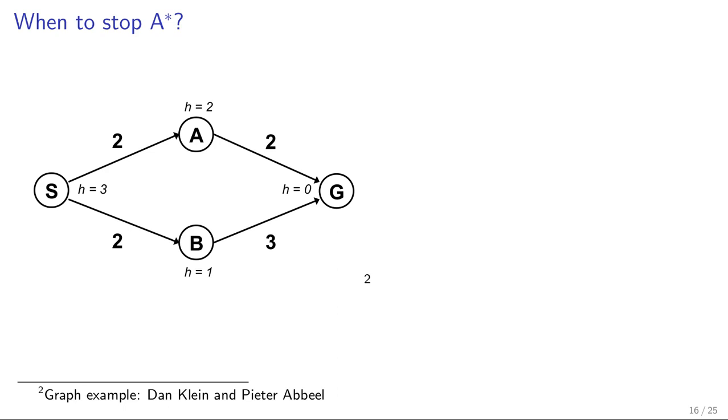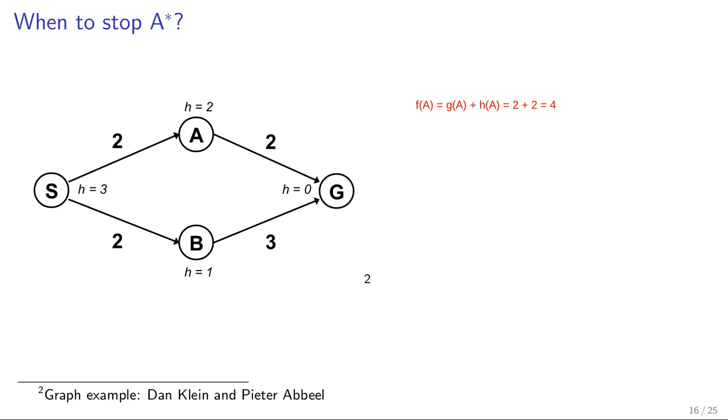Right now we're going to have f of A equal to g of A plus h of A, which is going to be 2, it costs 2, plus this 2, which is 4.